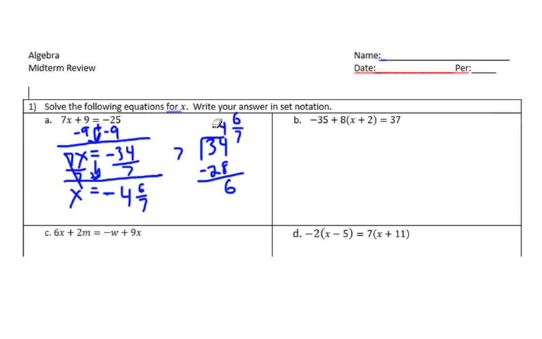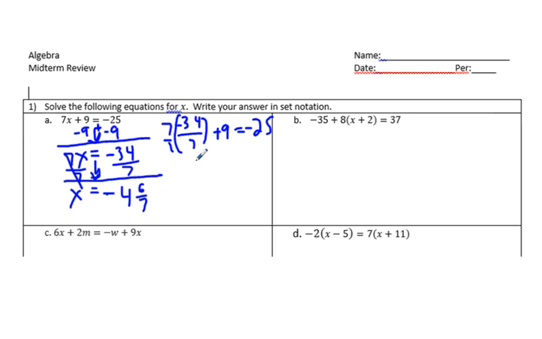Now we could check our work by plugging in the negative 4 and 6 sevenths for x. Let's leave it as negative 34 sevenths plus 9 equals negative 25.